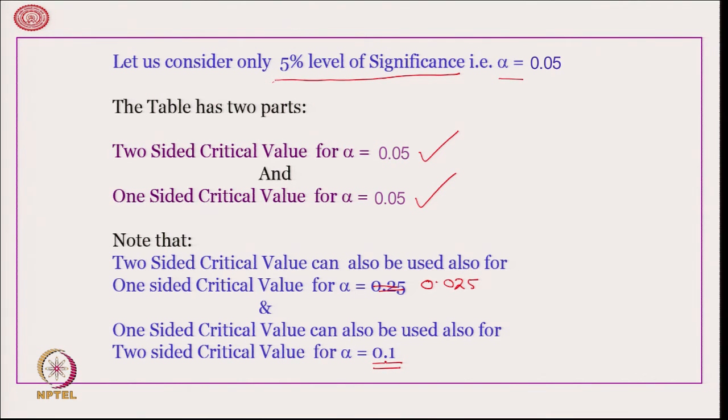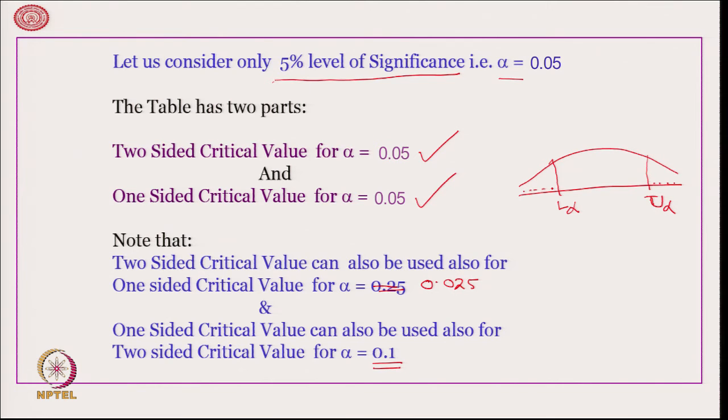Basically, suppose this is the distribution of the statistic, and this is the one sided critical value for alpha. This is the upper side, let me call it u alpha, and this is the lower side, let me call it L alpha. We reject for a one sided test if the statistic value is on this side or on this side.